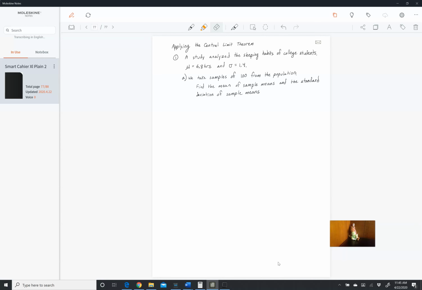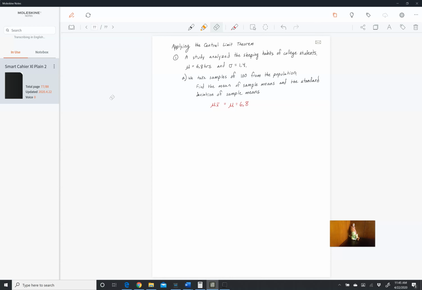Okay. Well, we know how to do this. Okay. The mean of sample means is equal to the mean of the population, which is 6.8. Right? Pretty straightforward, pretty simple, not a problem.